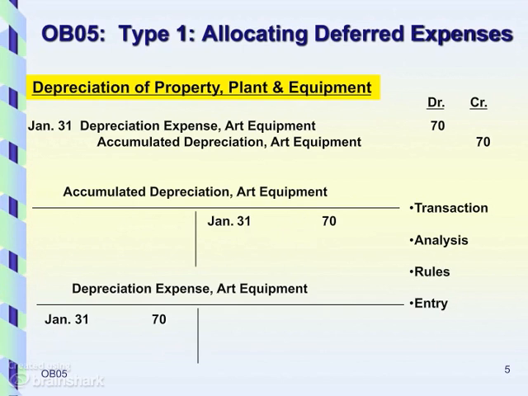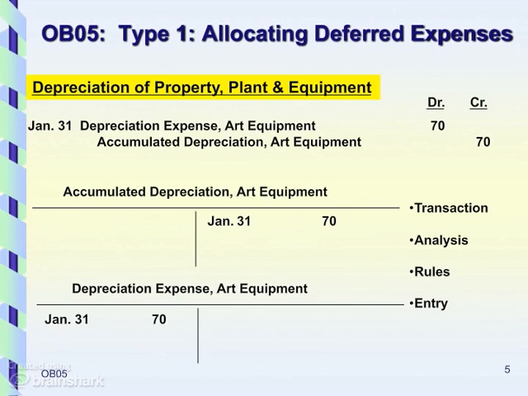The long-term asset is considered a deferred expense, meaning the company has acquired it, but it hasn't used it all up yet, and therefore it is not expensed yet. But as it uses it up, we must allocate a portion of its usefulness in each accounting period to show that it is being used up.